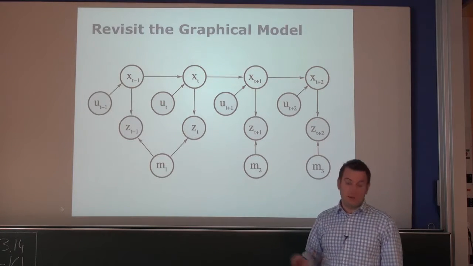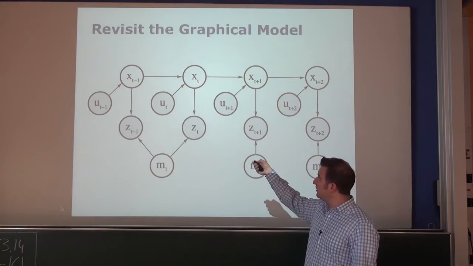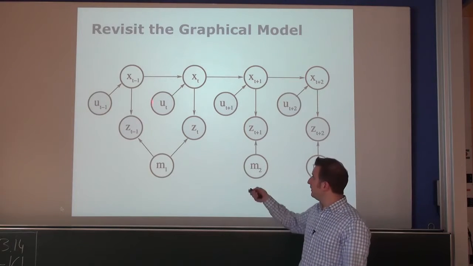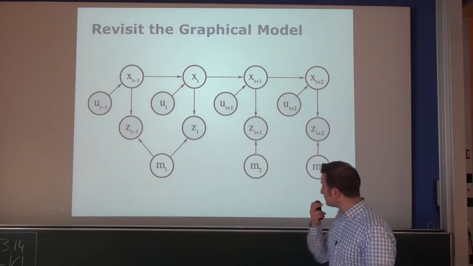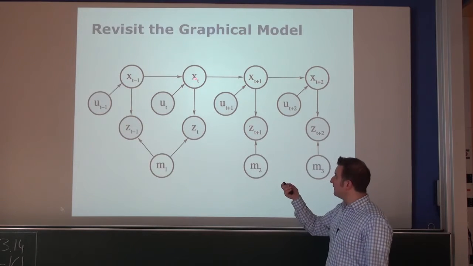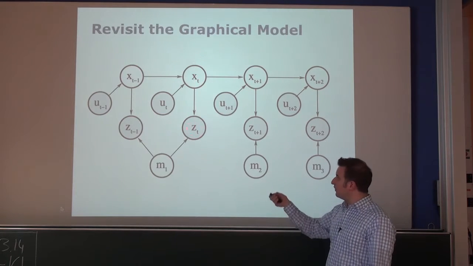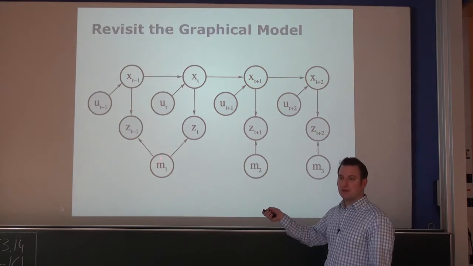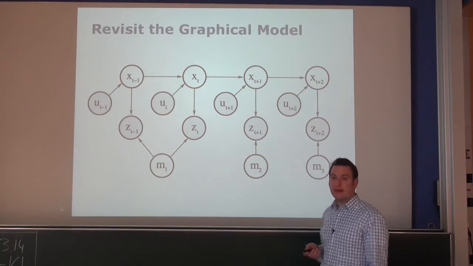This is exactly the motion model, p of x_t given x_{t-1} and u_t. And these arrows show a direct dependence. The same holds here: the current pose has an impact on what I'm going to observe, and also the location of the landmark has an impact on what I'm going to observe. This is how you can read that.